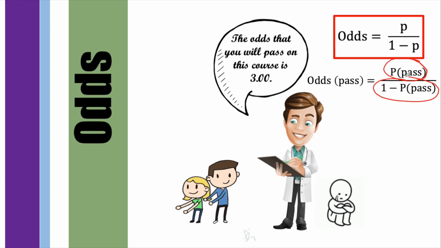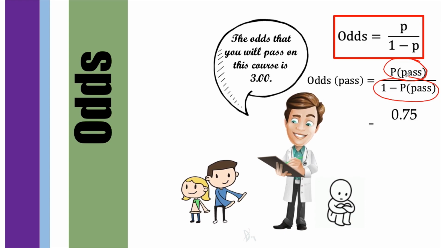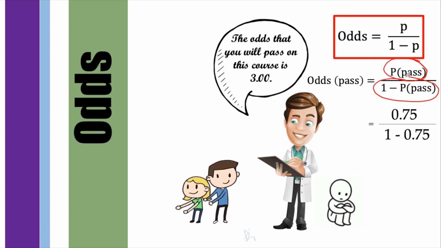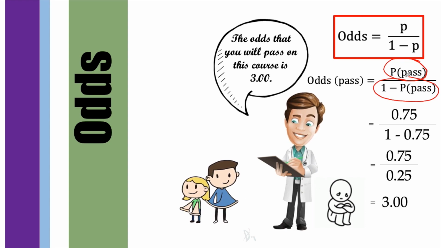If the probability of passing, let's say, is 0.75, then the probability of failing the course is 0.25, or 1 minus 0.75. And dividing that, you will get a 3. It indicates that the probability of passing is thrice as compared to the probability of failing.